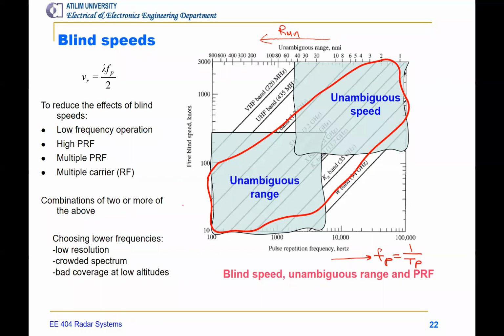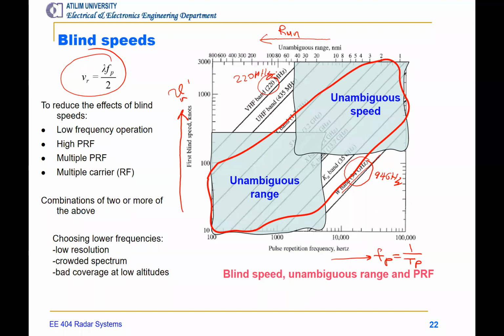And here is the first blind speed. Here's the formula, you might remember this. There are several operational bands here. For example, this line represents 9 to 4 gigahertz, while this one represents 220 megahertz.